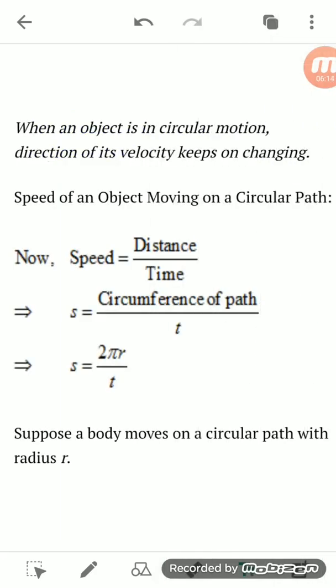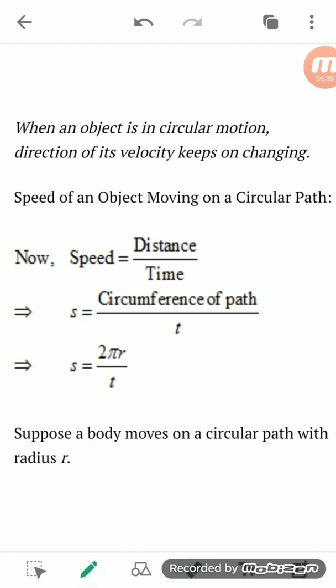Now we will see how to calculate the speed of a body in uniform circular motion. Suppose this is the circle I am drawing here. If a body takes one round of a circular path, then it travels a distance equal to the circumference.